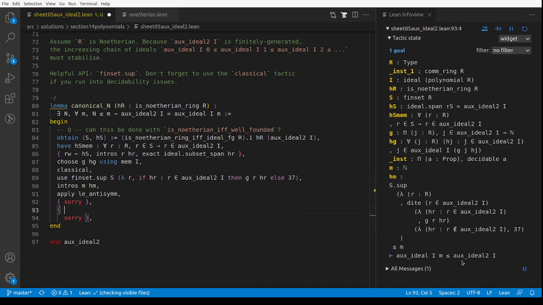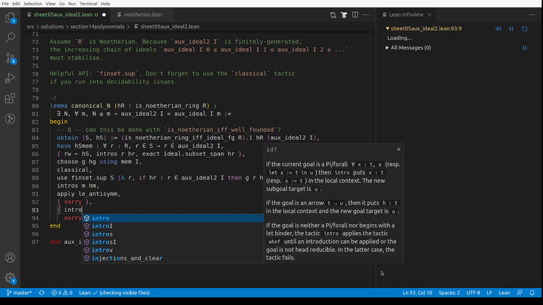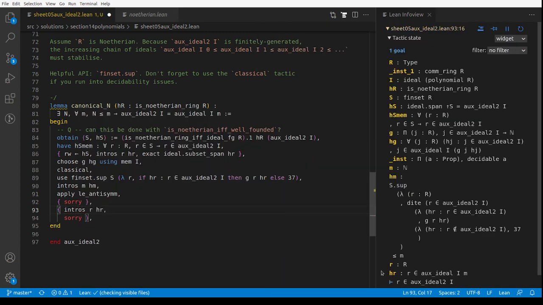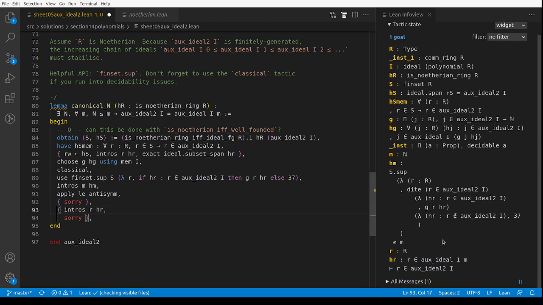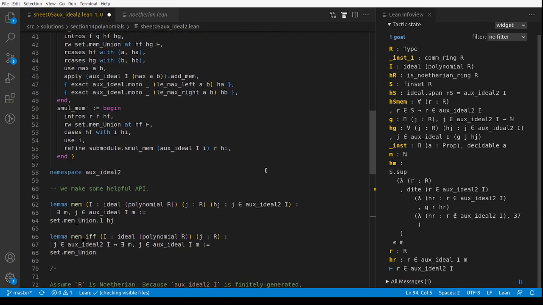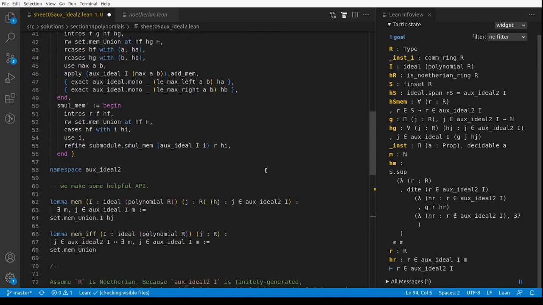We've got to prove that this is a union of these things, so we can just do intros X HX or intros R HR. Have we got any R's? No, that's okay. And now, have we got mem ideal 2 or something? Yeah, so we can rewrite mem if.